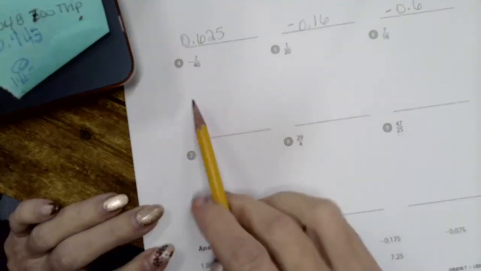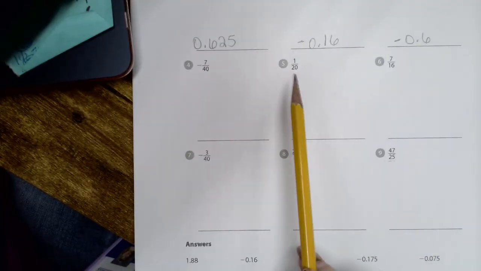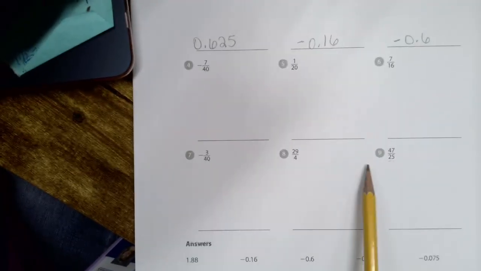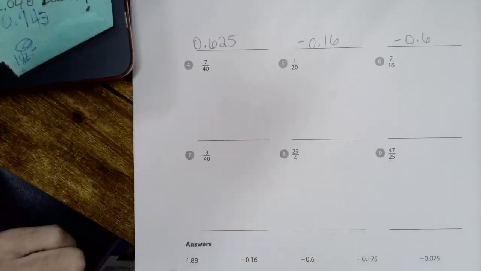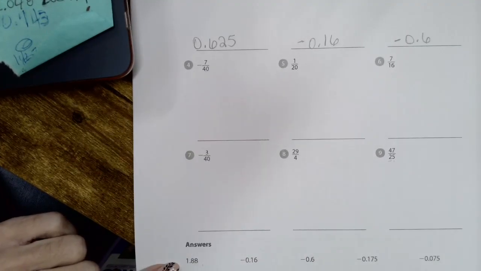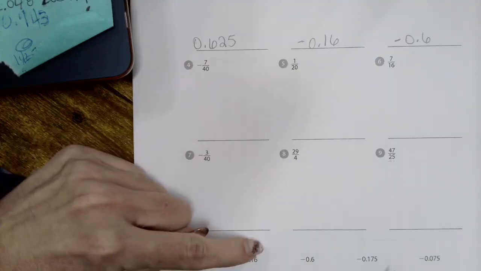Okay, what I'm going to ask that you do is you're going to continue on. Now, if you look, there's some denominators that we've already got listed for. There's 20, there's 40, there's 25, so that kind of makes it a little easier for you. Down here are answers. Each answer will appear one time.